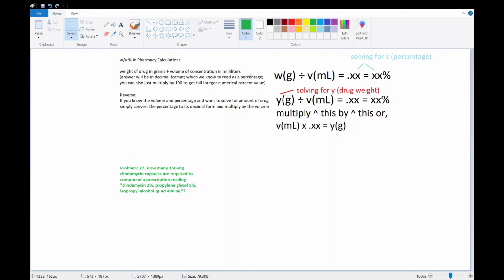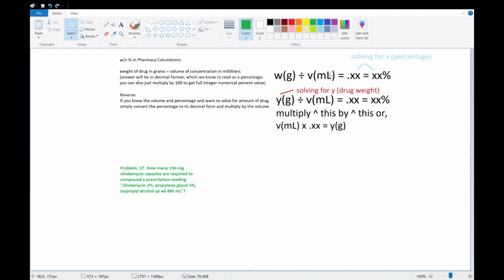All right, so bearing all that in mind, it must be grams for the mass, for the dry product weight of the drug, and it must be milliliters for the volume of the total combined concentration of liquid. And knowing that when we do that division problem, we are going to get a percentage expressed as a decimal, usually a 0 in the ones place, and then a value out to the 100th place.